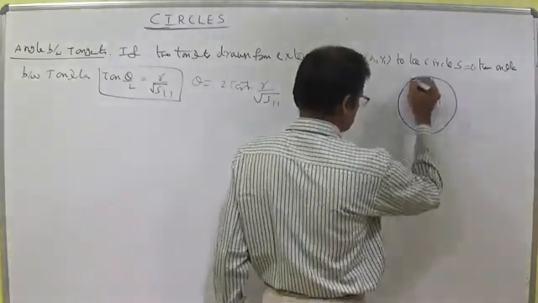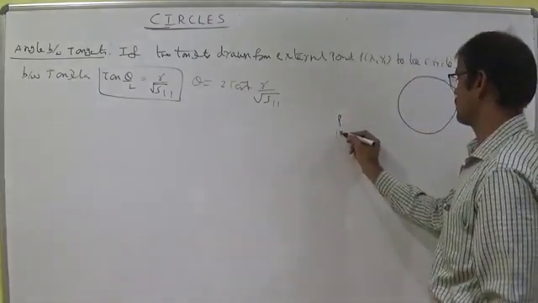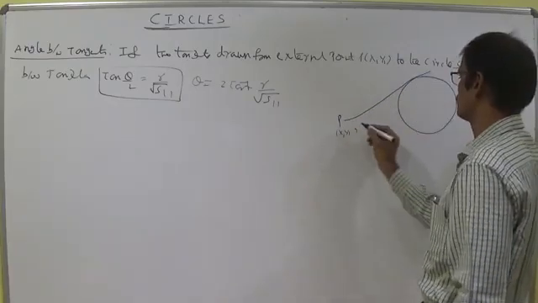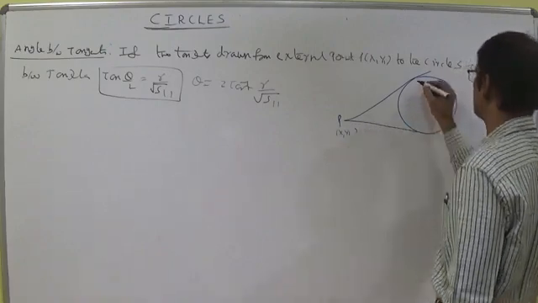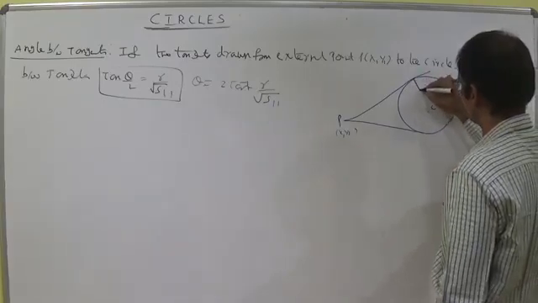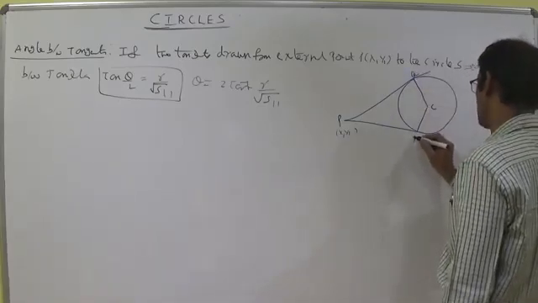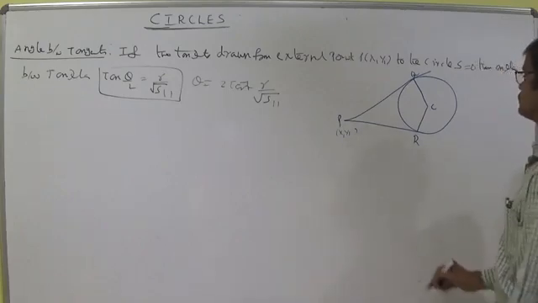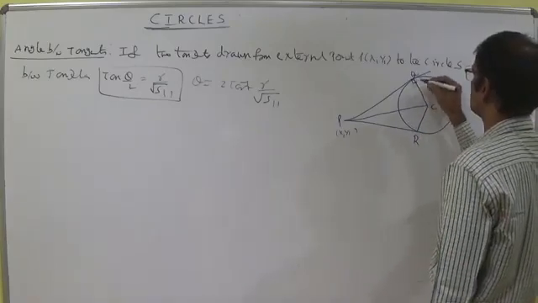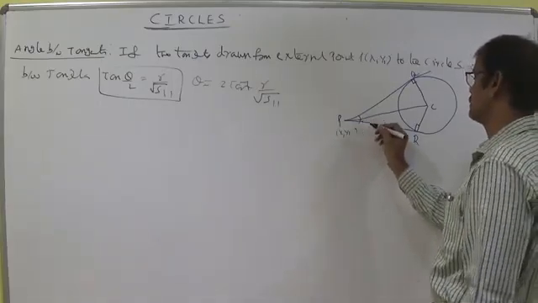Draw the circle like this. Let P(x1, y1) be an external point here. Put here, this is the center C. Draw like this. This is Q and this is R. Put here, this is a right angle, because angle in a semicircle.